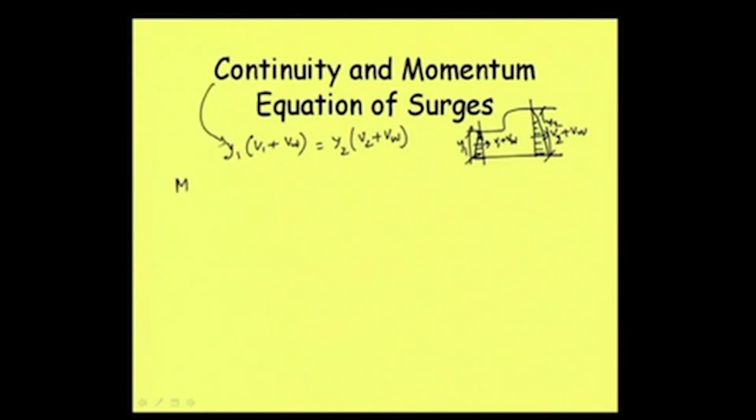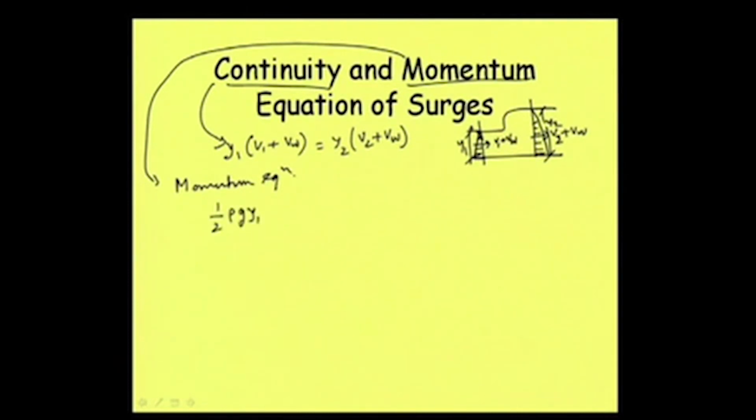This was the continuity equation, and now we are writing the momentum equation. Half of rho g y1 square is the pressure force from this side, minus half of rho g y2 square, the pressure force from that side. That is equal to the rate of change in momentum, that is, mass flowing per unit time and change in velocity.